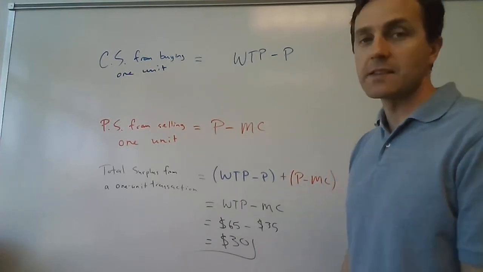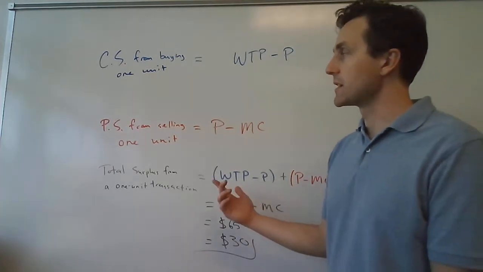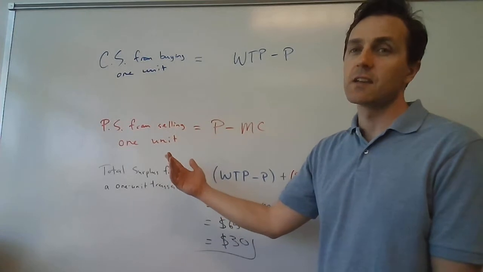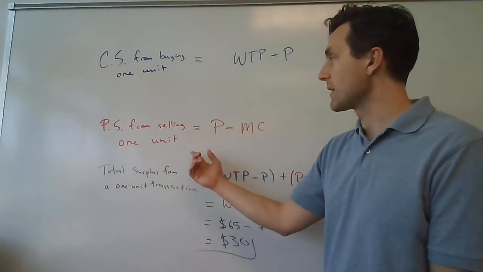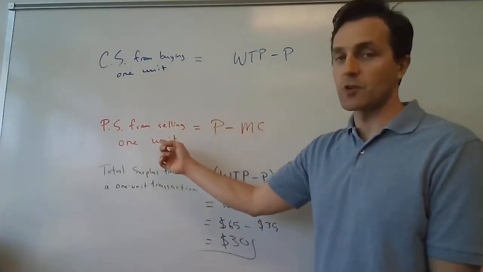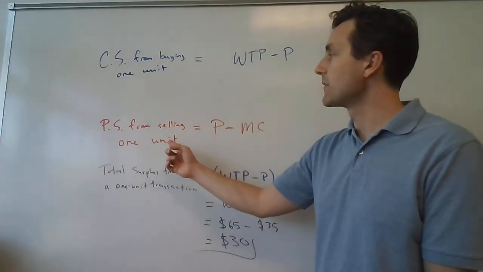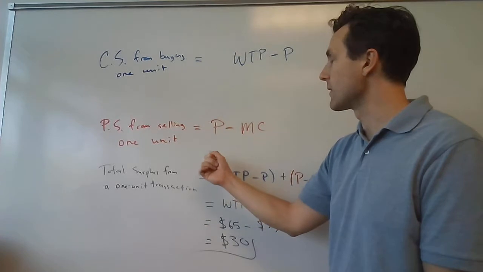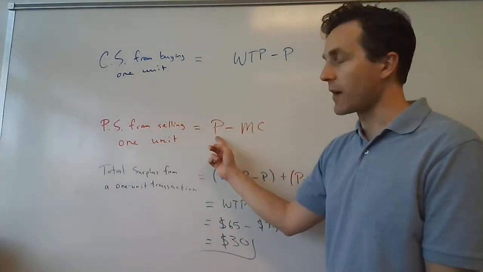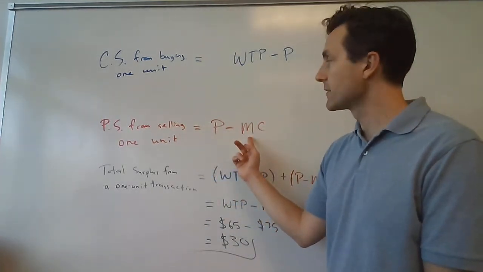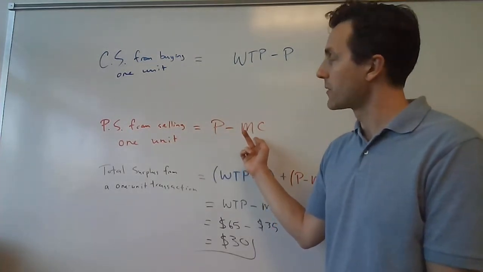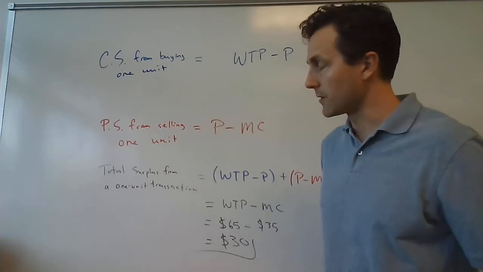And then likewise, you can do the same thing for the producer surplus from selling 1 unit, from selling this bicycle. Brenda's producer surplus from selling 1 unit of the bicycle is the price that she gets minus her marginal cost. In her case, the marginal cost is 35, the minimum price that she'd be willing to sell the bike for.